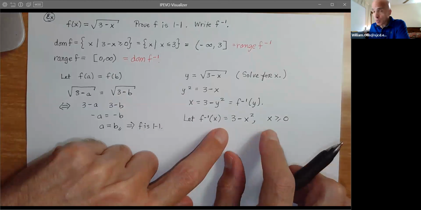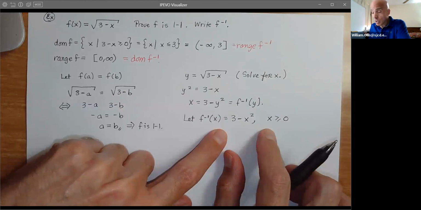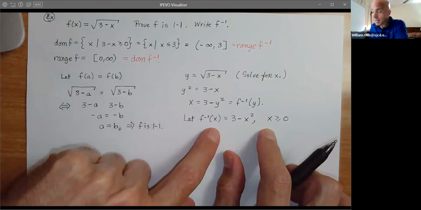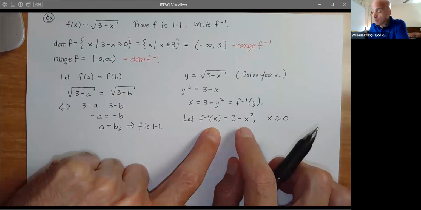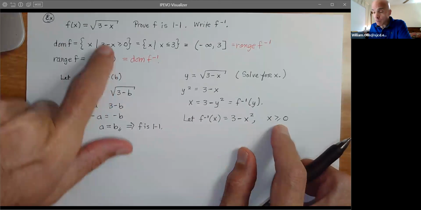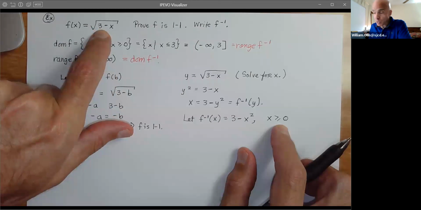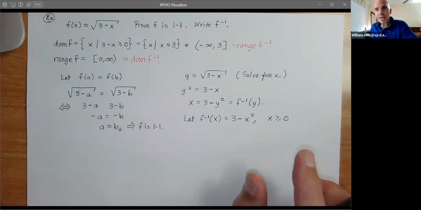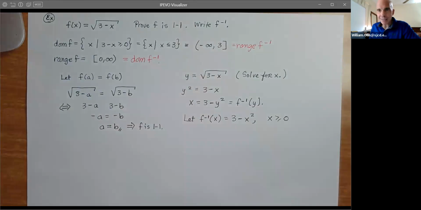So if we had started with this, we could have ended up with this as the inverse function. So what we're seeing here is that if we look at this quadratic function with this restriction, it is 1-to-1, but that restriction is built into the fact that this domain was restricted to this. So the neat thing about this is it's all connected. We just have to decide how we want to display the information that we have.